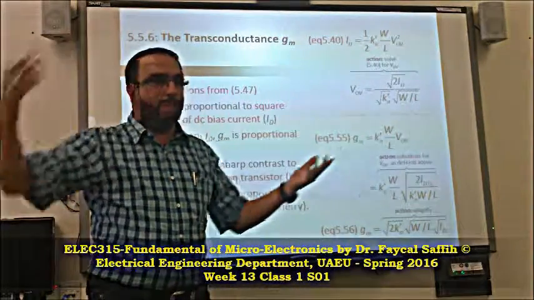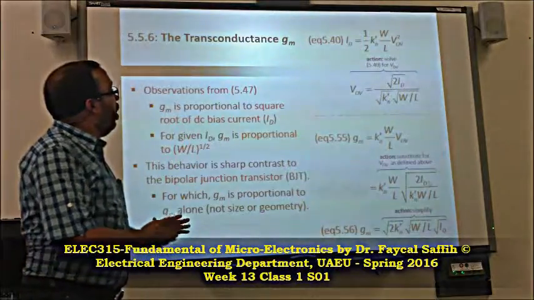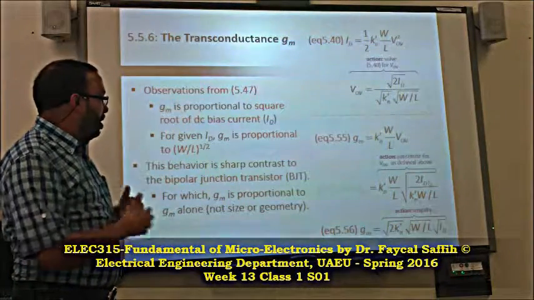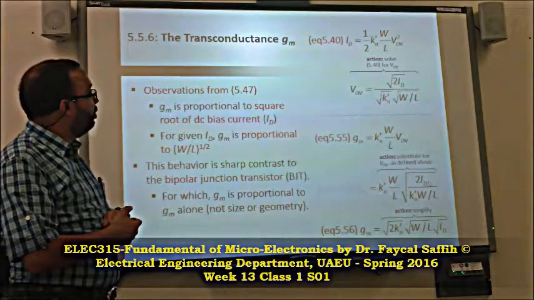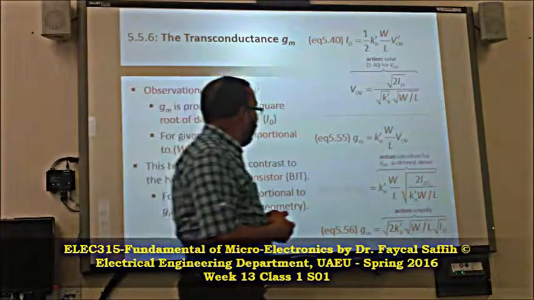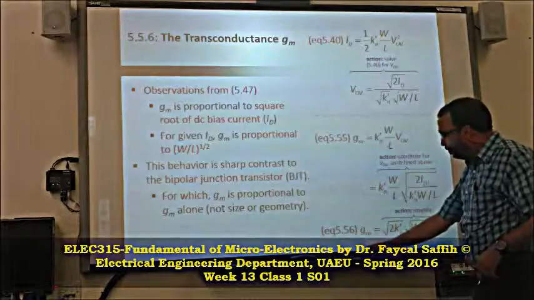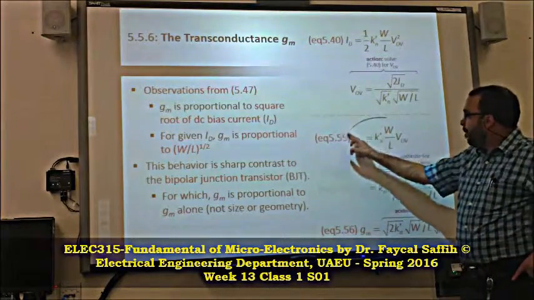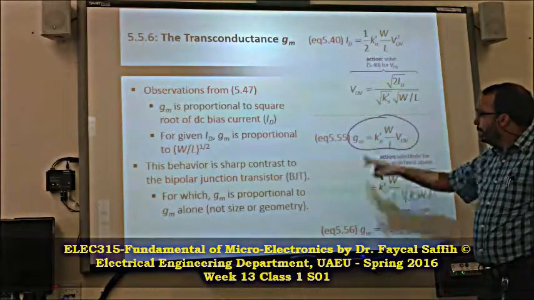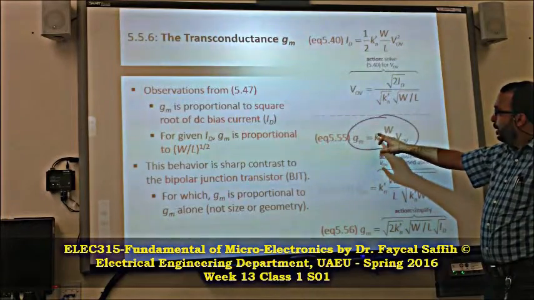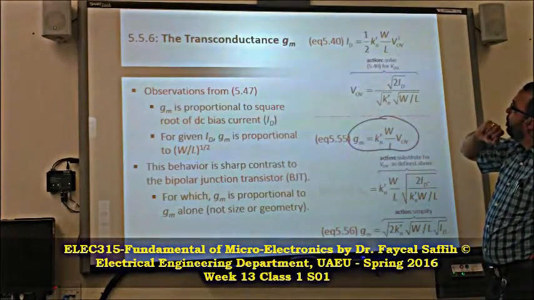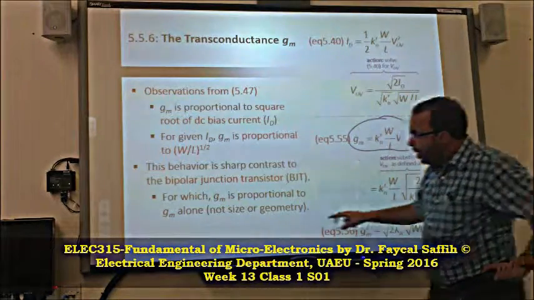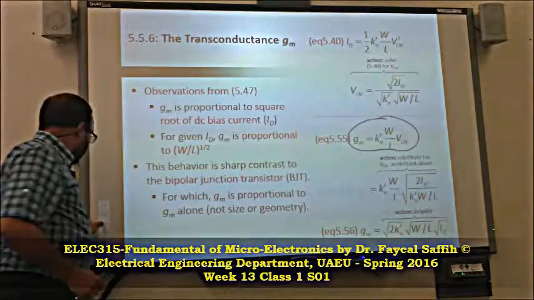So transconductance. Good. The equations that we may use for gm are 3 basic equations. The first one we studied is gm equals Kn times the overdrive. Which is from where?